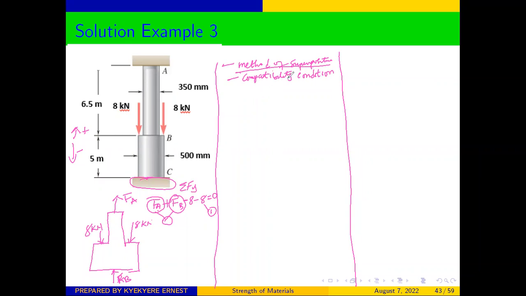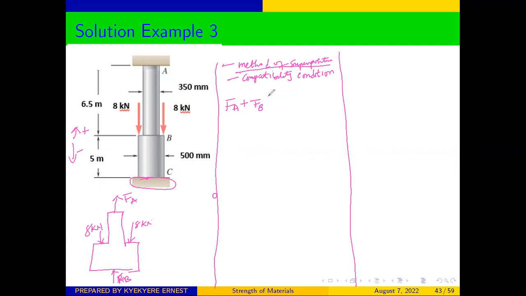To solve using the superposition method, you draw the free body diagram as we have drawn here. I don't have to draw it again. Once you draw the free body diagram, you write the equilibrium equation. So FA is going up, positive, plus FB is also going up, positive.